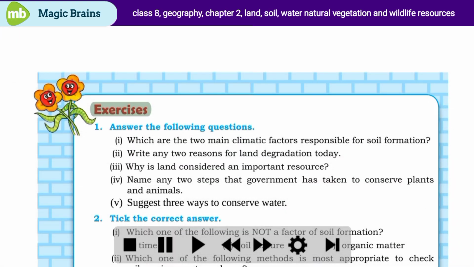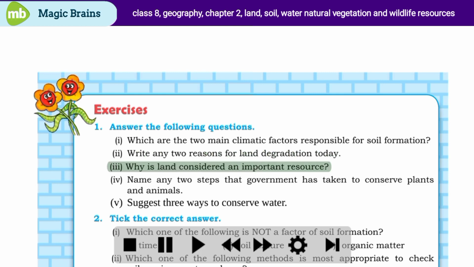Page number 20. Exercises. Number 1. Answer the questions given here. Question number 1. Which are the two main climatic factors responsible for soil formation? Question number 2. Write any two reasons for land degradation today.